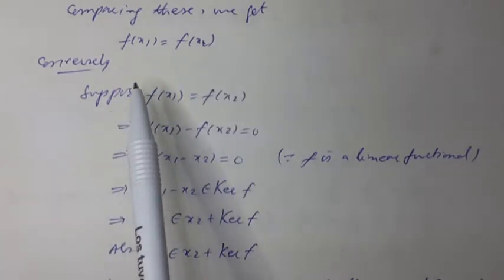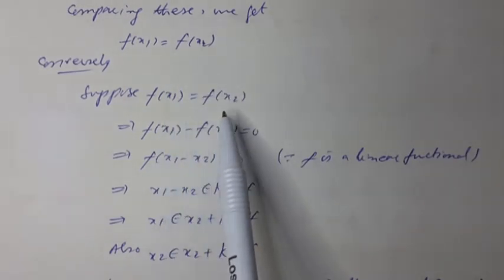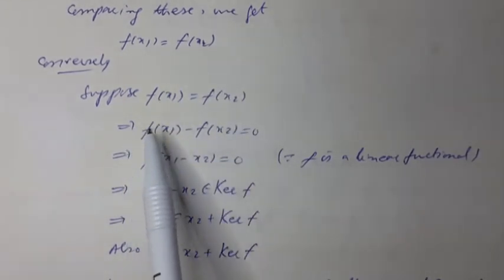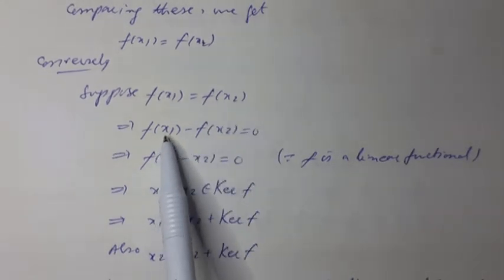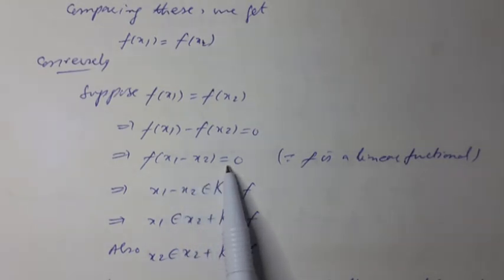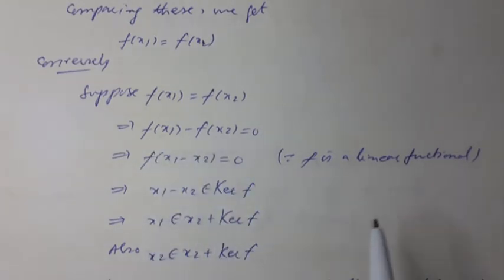Conversely, suppose f of x1 is equal to f of x2. It can be written as f of x1 minus f of x2 is equal to 0. And it can be written as f of x1 minus x2 is equal to 0 because f is a linear functional. This implies x1 minus x2 belongs to kernel f.